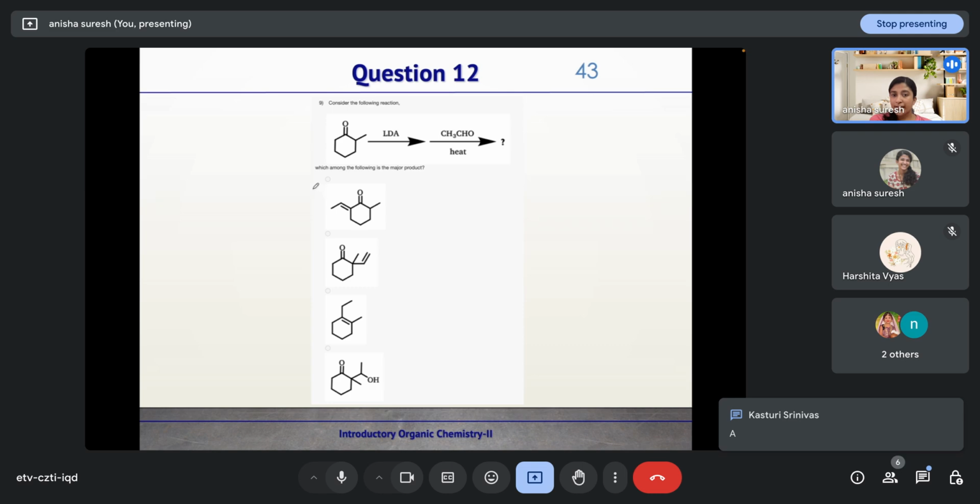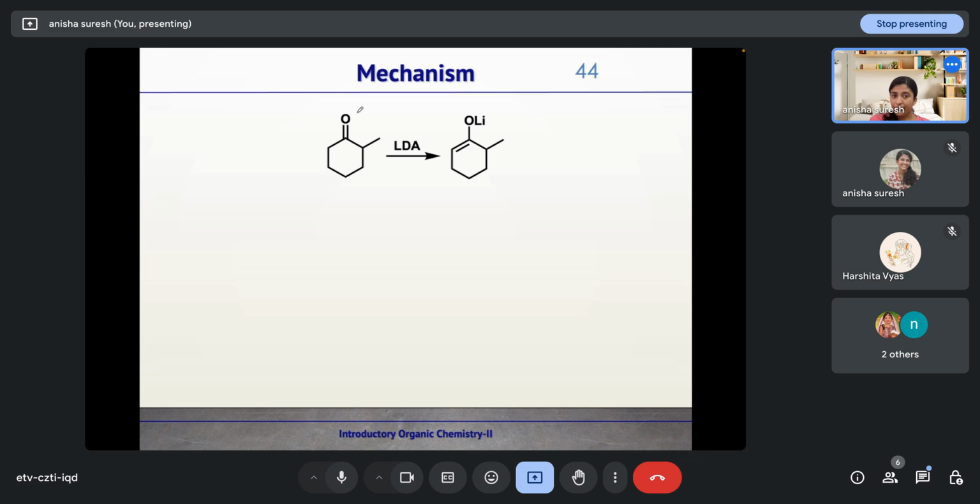Option A is the right answer. Since LDA is a bulky base, and here there are 3 alpha hydrogens, it can abstract the proton from this side, leading to formation of the kinetic enolate.